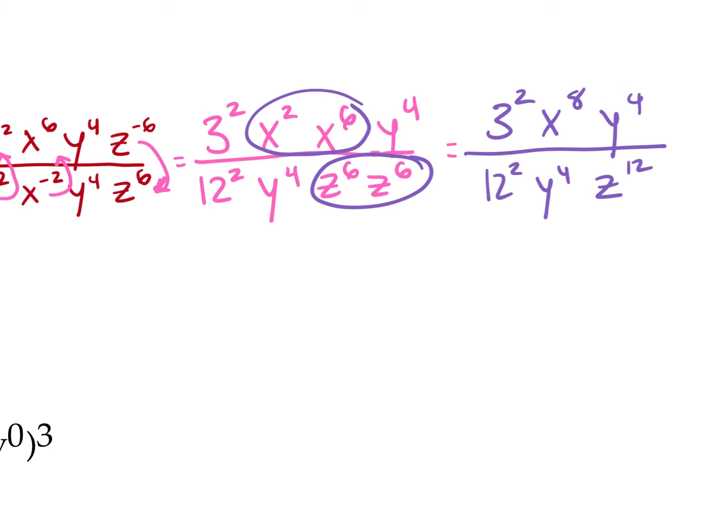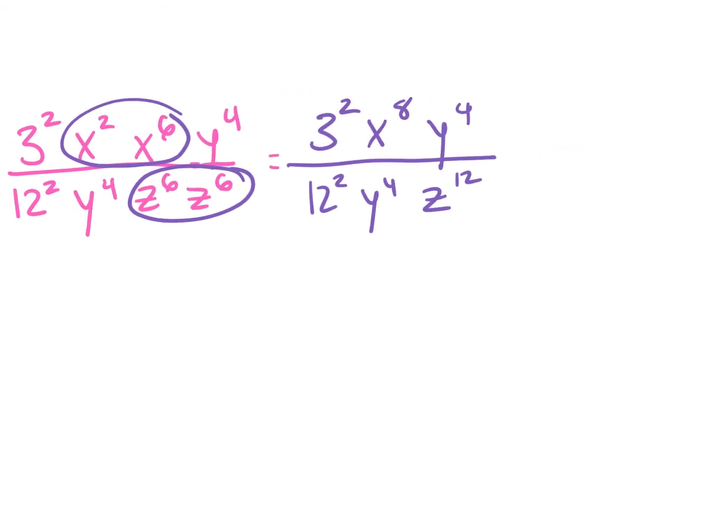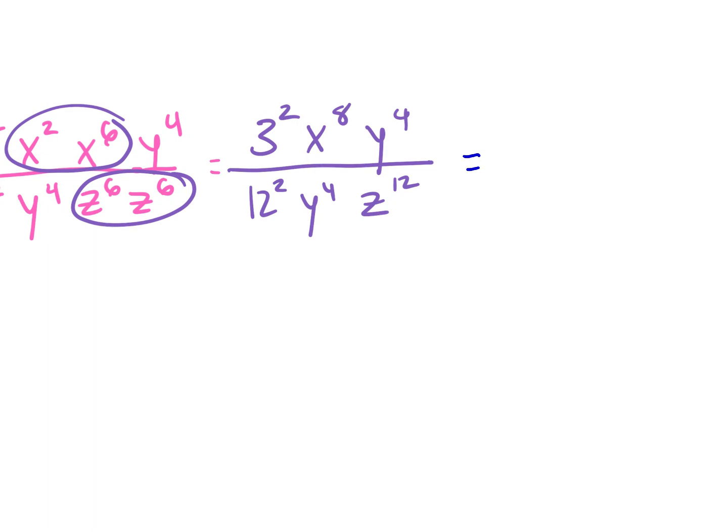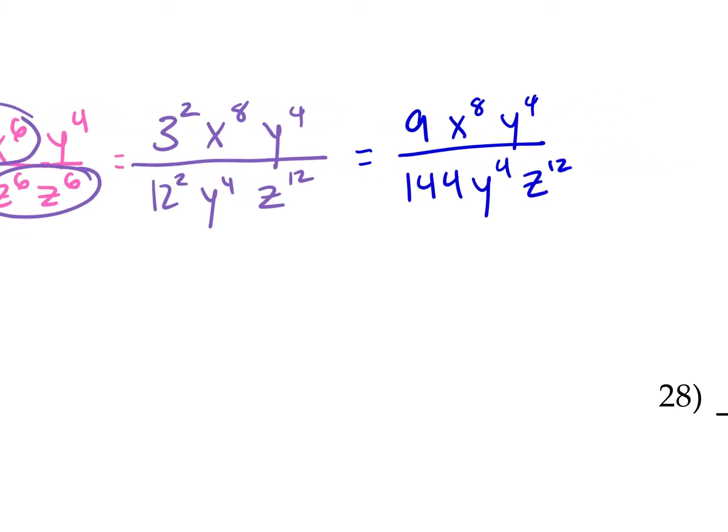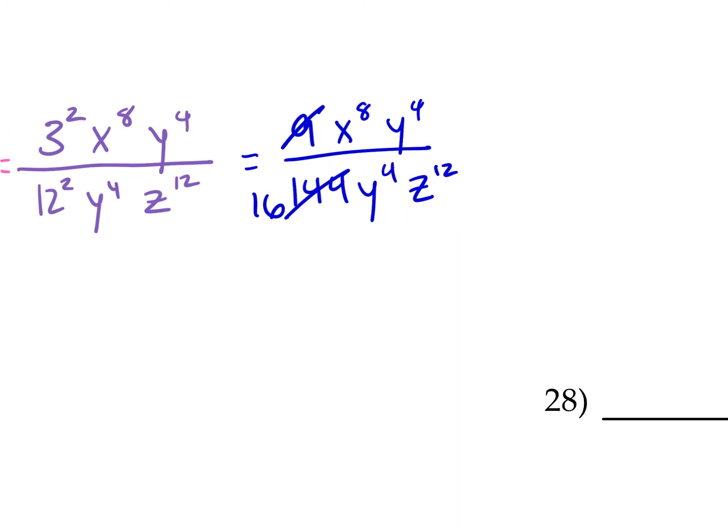Numbers. I can simplify the numbers. How can I simplify the numbers? So I have 9 over 144. Perfect. 9 goes into 144 16 times. So that would be 1 over 16.